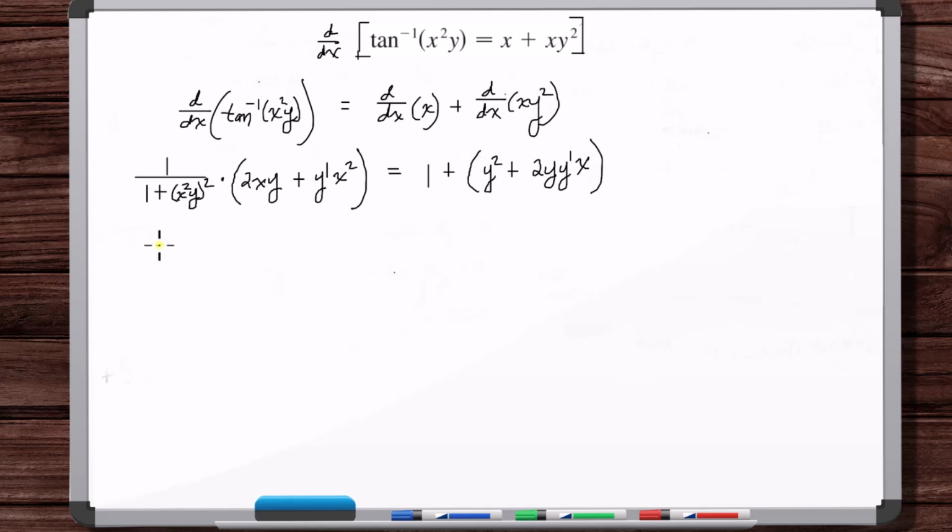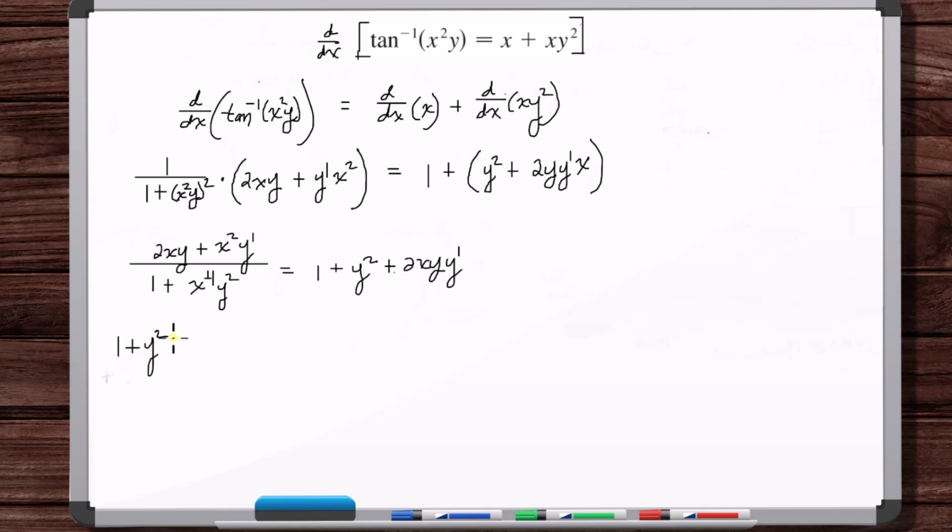So we've got, and then x to the fourth y squared. Okay, 1 plus y squared plus 2xy y prime. So now let's just cross multiply. Let's do this multiplication here. So we've got 1 plus y squared plus 2xy y prime.